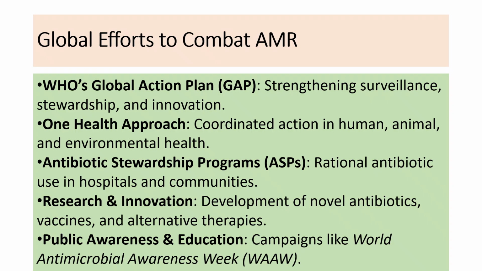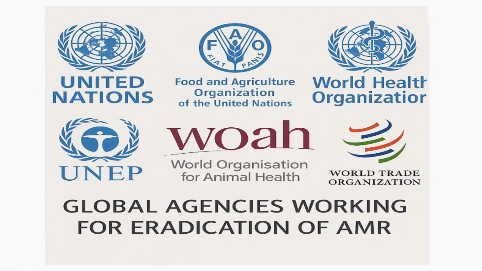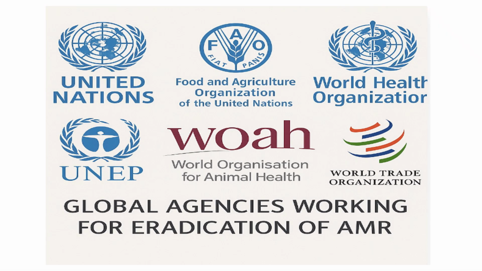Antibiotic stewardship programs, research and innovation, public awareness and education. They are working in all these sectors. When the world stood at the brink of the post-antibiotic era, global powers rose to unite. From health to trade, from environment to agriculture, these agencies are leading the global war against AMR.